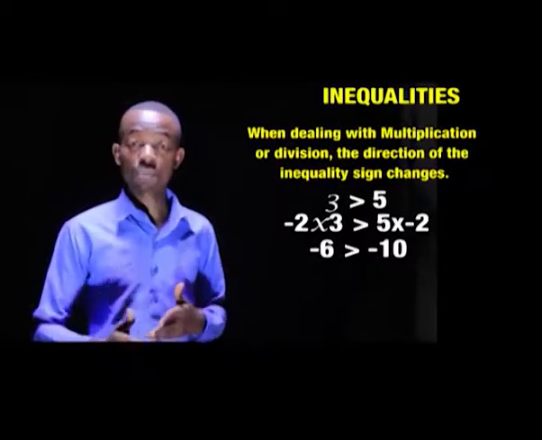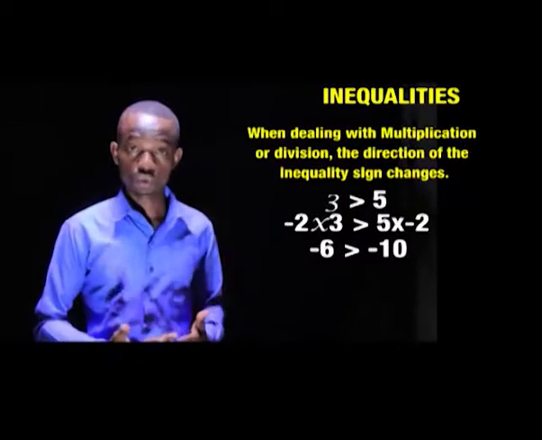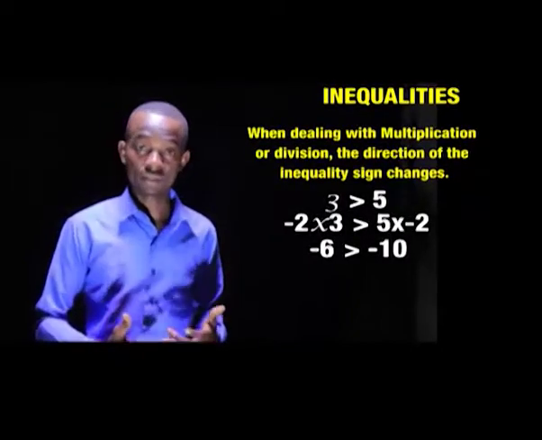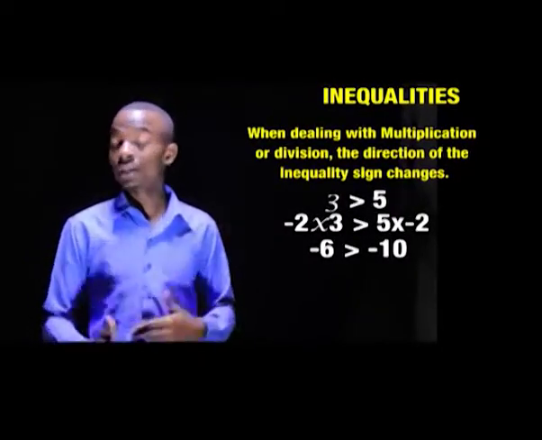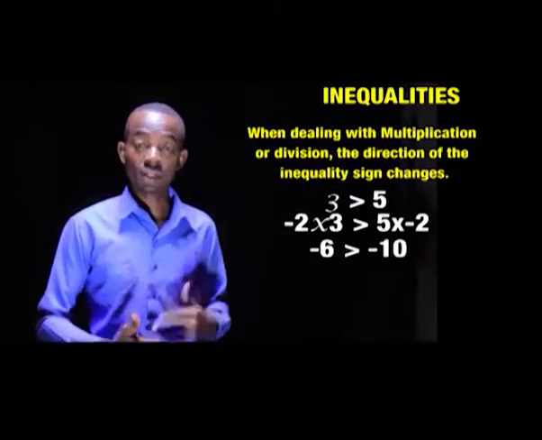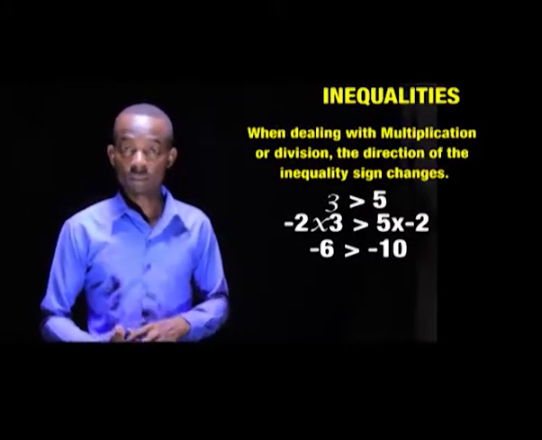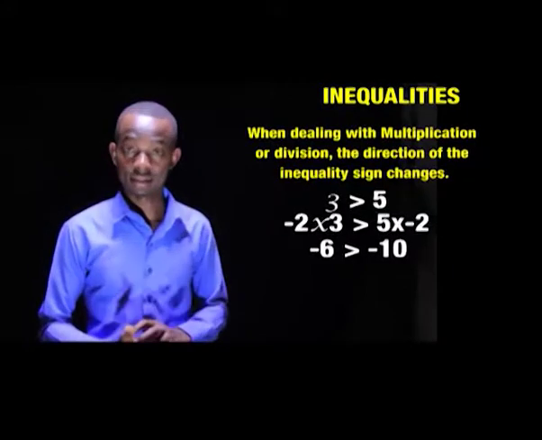On the left hand side, 3 times negative 2 gives me negative 6. On the right hand side, 5 times negative 2 gives me negative 10.